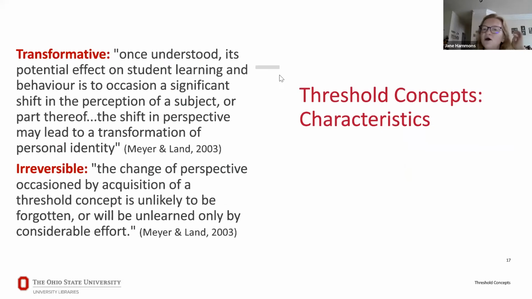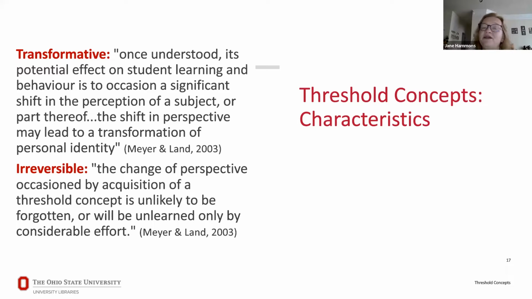Right. All right, so Meyer and Land highlighted several different characteristics of threshold concepts. So we've already talked a little bit about this transformative nature, right? So these are not just new things that a student learns within a discipline or a field, right? Oh, I didn't know that before. But this is something that once you learn it, it really changes the way that you think about this discipline or the way that you approach this discipline.